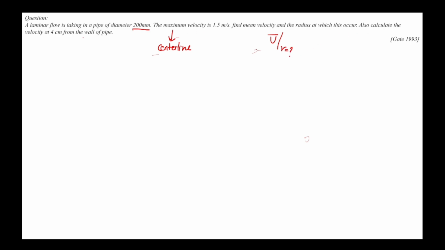Also calculate velocity at 4 centimeter from the wall of the pipe. So we have to find the mean velocity and the velocity at 4 centimeter from the pipe wall, and also the radius at which mean velocity will occur.